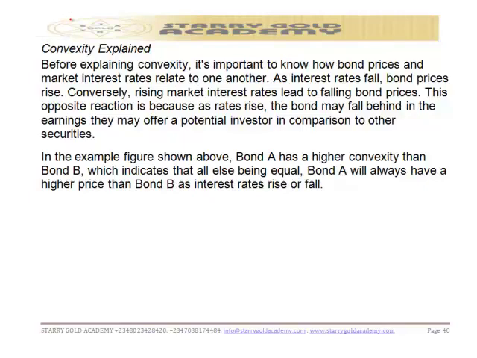They relate to one another in an inverse relationship, because as interest rate falls, the bond price will rise, and conversely, rising market interest rate leads to falling bond price.